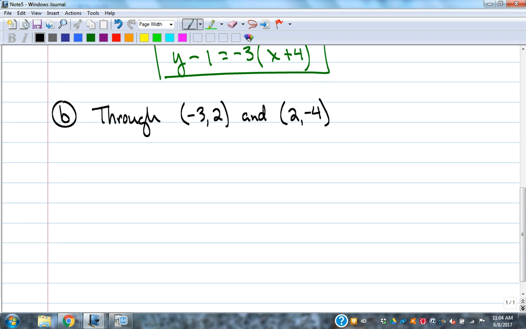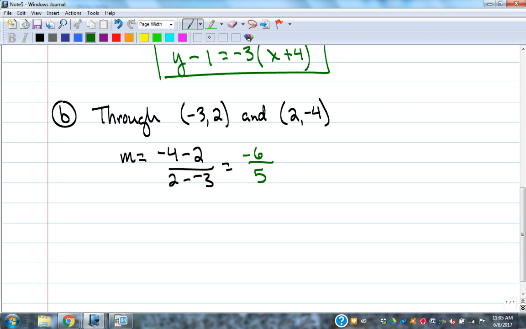But we do have two ordered pairs, and we know how to find the slope between those two ordered pairs. So we want to first find the slope. That'll be -4 minus 2 over 2 minus -3. Should be -6 over 5. So there's our slope. And then we would write that in point slope form.